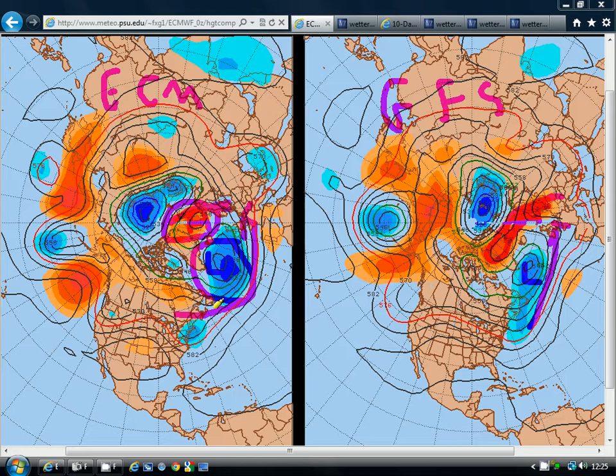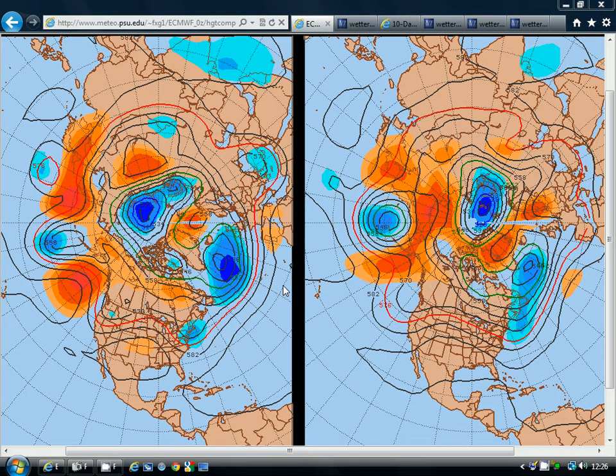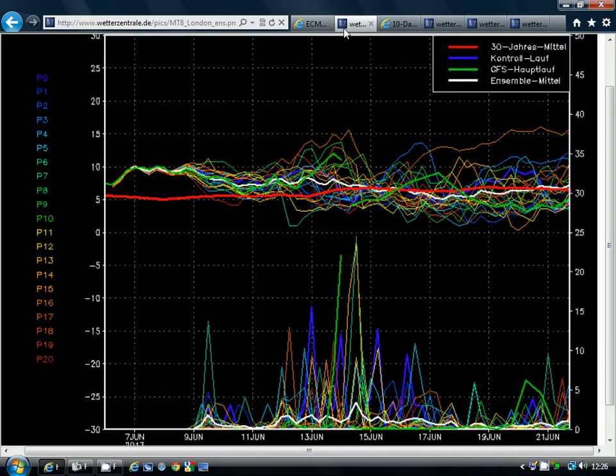If we have the trough though dominating this, it's going to be much more unsettled. It'll be very wet potentially, with some heavy rain, particularly in the west, but not exclusively. So it's that idea that we've had on and off throughout 2013 really, but we've got low pressure backing against high pressure to the northeast, and which pressure belt has the ascendancy is going to determine what kind of weather we get.